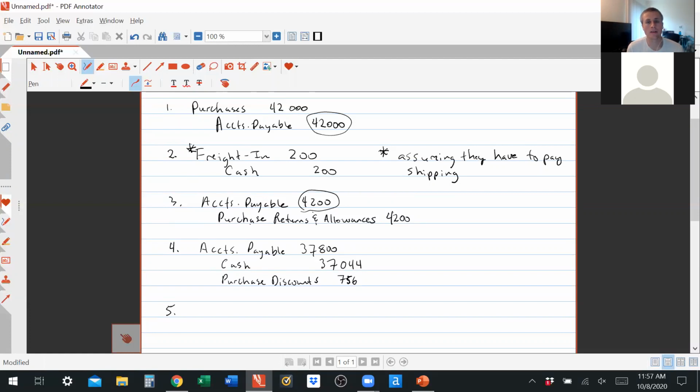And so our net balance in accounts payable is 37,800. That reflects the amount that we owe for the 180 cameras that we have in our inventory. We had 200, we gave 20 back to the supplier, so we have 180 left. We owe them 37,800 for those 180: 42,000 minus 4,200. You're welcome, Ariel.